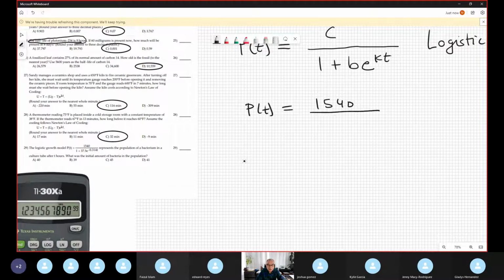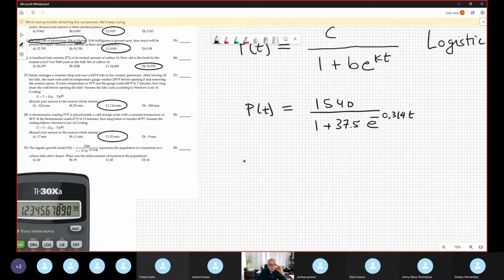Capital C is 1,540, over 1 plus 37.5 e to the minus 0.314 t.